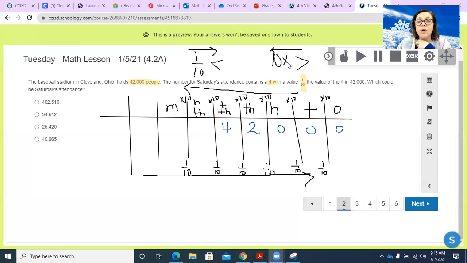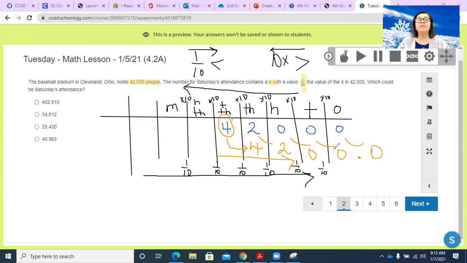So we're going to look at this 4 and take 1/10 of its value. 1/10 means less than, so I'm moving one place to the right. This 4 is now going to have a value of 1,000. When we shift the 4, everything has to shift. The 4 shifts one place to the right, the 2 shifts one place to the right, and each 0 shifts one place to the right.